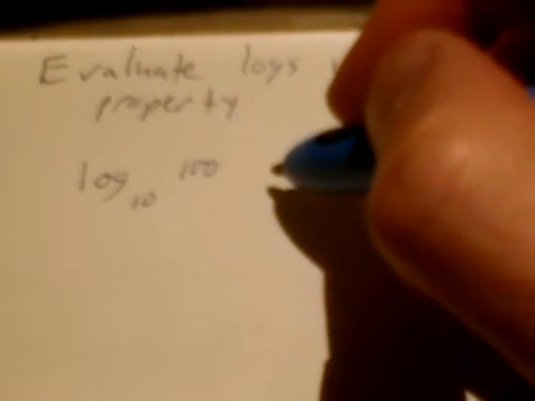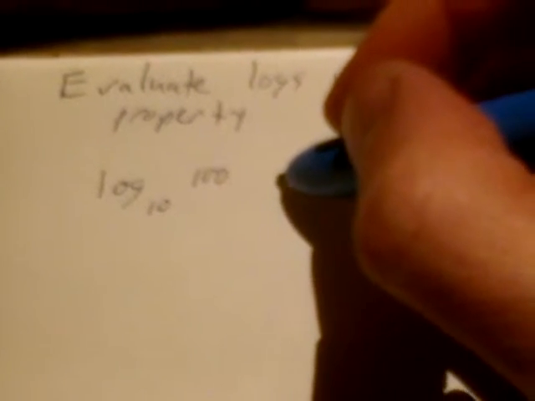We have a few topics to take care of today. The first thing I want us to be able to do is evaluate logs using the inverse property. But before we get to evaluating, we want to make sure that we understand what the inverse property is all about. So let's take a look at log base 10 of 100. And we all know from our most recent experiences that is equal to 2.